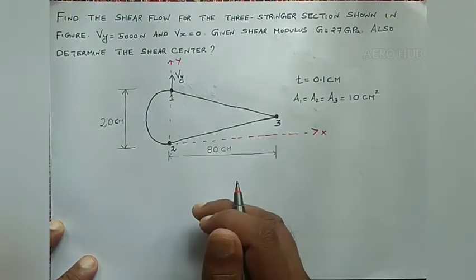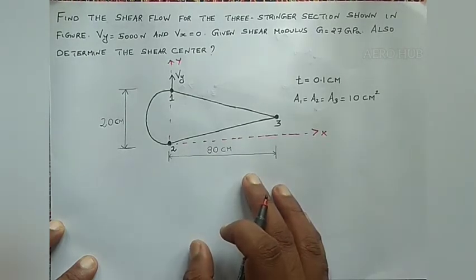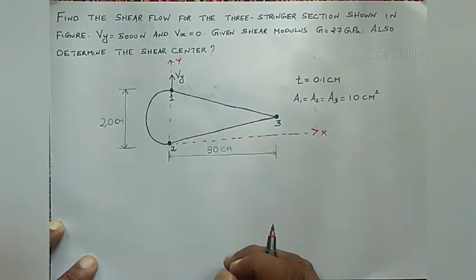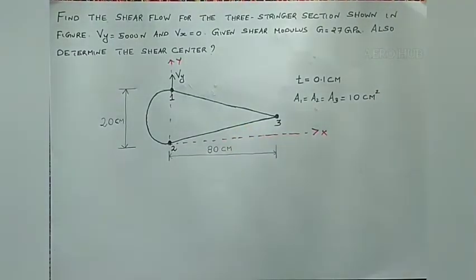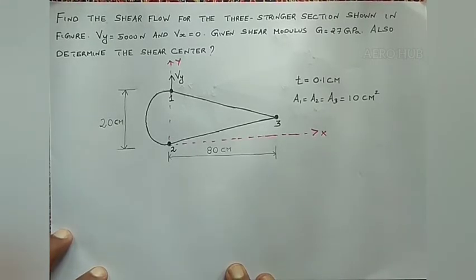While finding out the centroid, we have to only consider the boom areas of the section, because we are assuming that the skin will be carrying only the shear load and the boom areas will be carrying the bending stress. That is, the skin is ineffective in bending and the boom areas will be carrying the direct stress or bending stress.